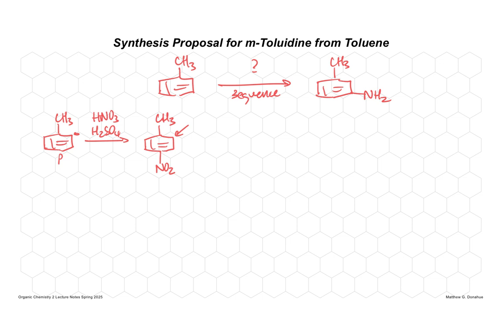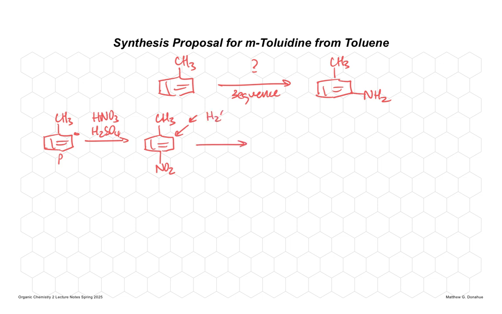Because the methyl group, we already installed something para, it would also align with how the nitro group is going to direct. So if we run a third reaction, we're kind of screwed because we're not going to get to the right pattern we need. So we're going to reduce the nitro group to the amino group.